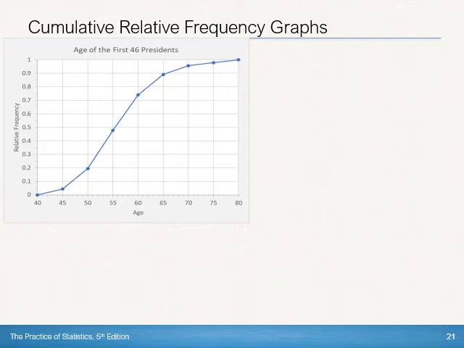Okay, so here again is our cumulative relative frequency graph, and we're going to ask some questions about the graph. So we already asked a couple questions, let's ask some more. So what percent of presidents are younger than 50 years old?